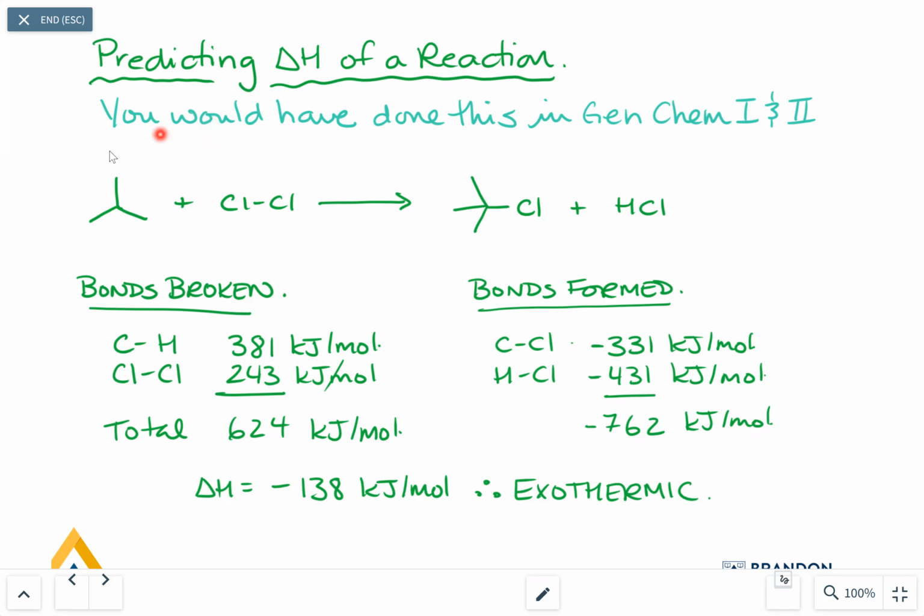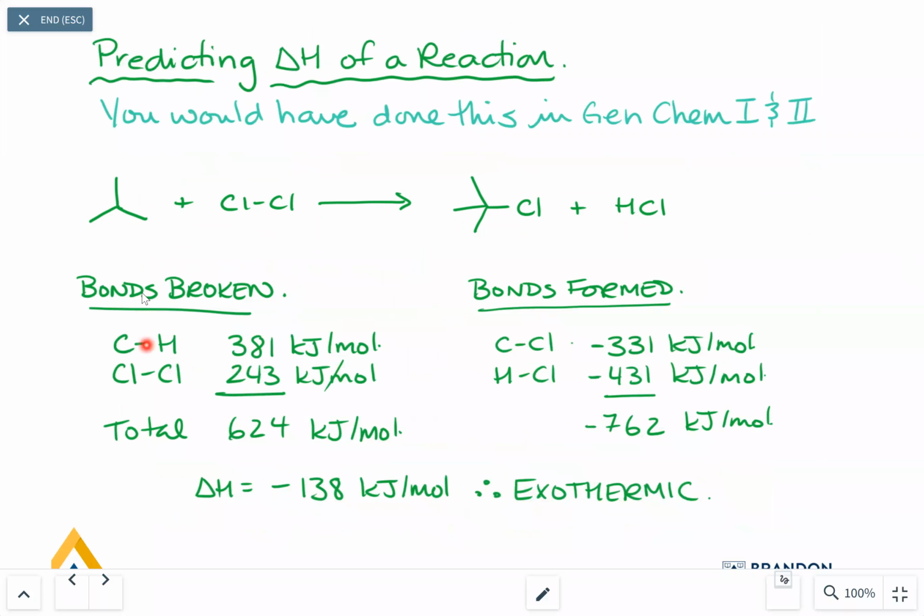For example, I think we did this at the end of Gen Chem 1. You've got molecular chlorine and isobutane, and this would be a radical reaction. You make tert-butyl chloride and HCl.